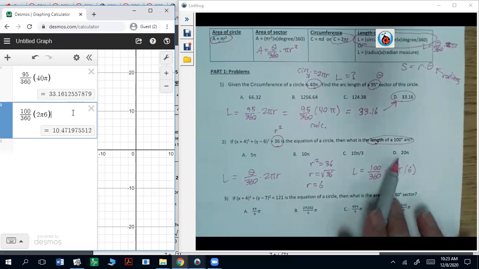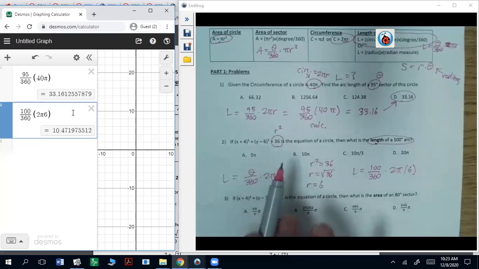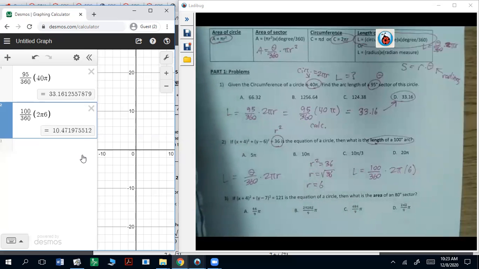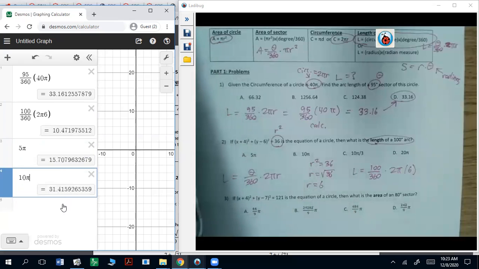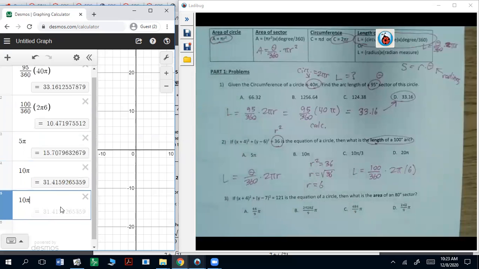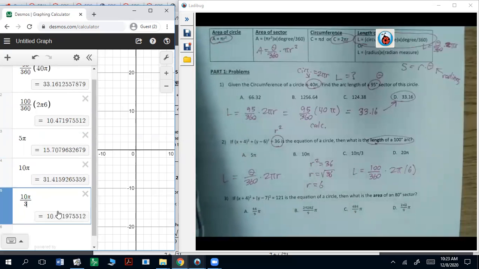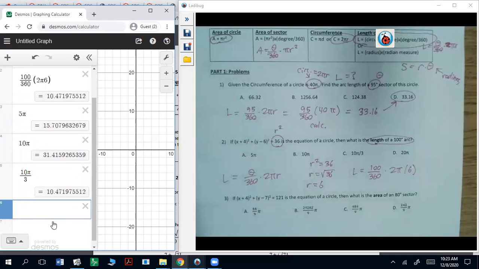Well, one of the answer choices is going to give you that. So if you go through the answer choices, you can check 5 pi, you can do 10 pi, we can do 10 pi over 3, and you can do 20 pi.